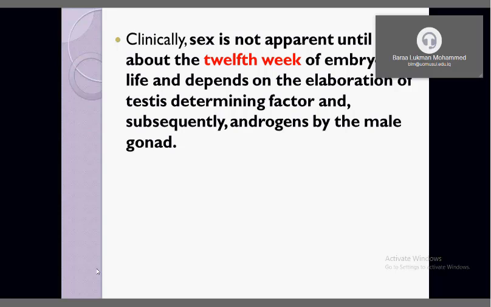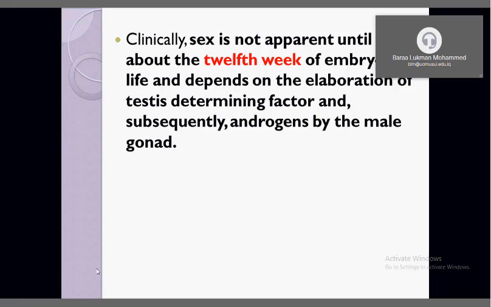This is indistinguishable between the two sexes until the 12th week of embryonic life, and again its differentiation is influenced by the testosterone produced by the Leydig cell. However, this testosterone needs to be converted into a more active substance, dihydrotestosterone, by the enzyme 5-alpha reductase to induce its effect.